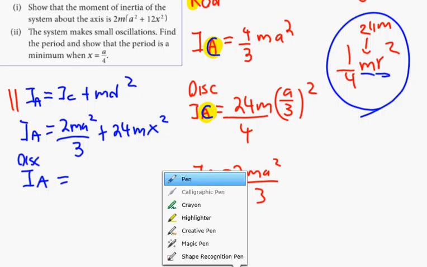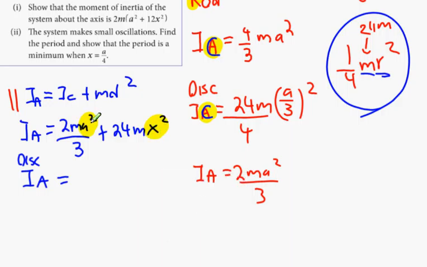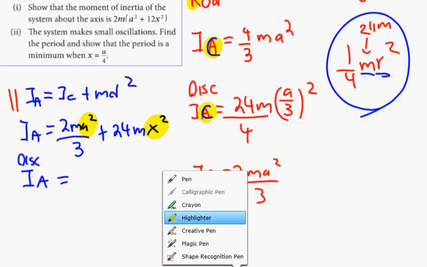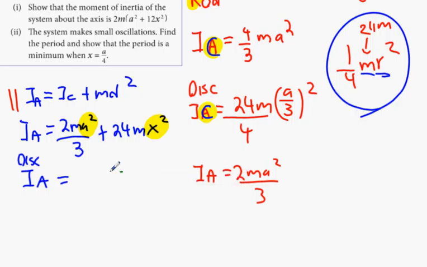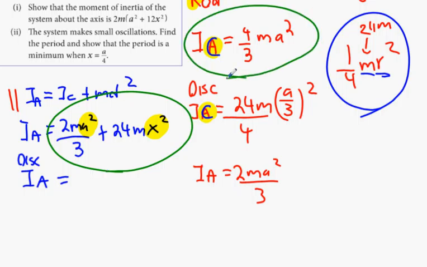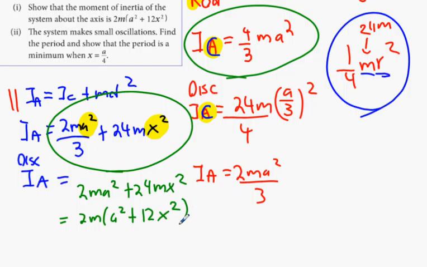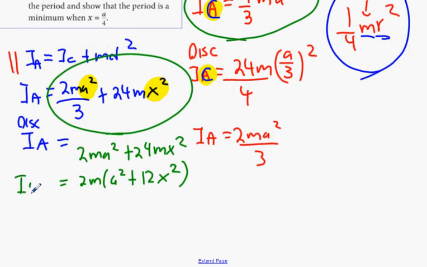So I was actually blocked by this and this being completely different to each other. So that was my fault. So what we're going to do now is we're going to add this part here to this part here. 4 over 3 plus 2 over 3 MA squared gives me 2 MA squared plus 24 MX squared. I'm going to factorize that. I'm going to get 2m into a squared plus 12x squared. That's my total about a. Okay, about that.